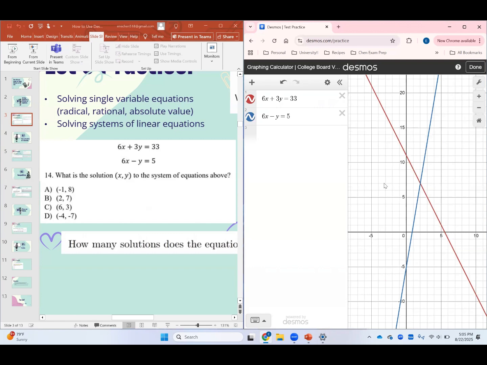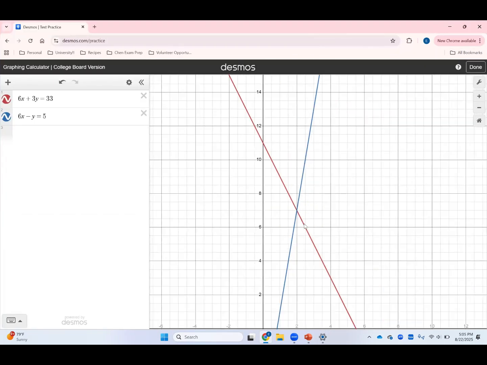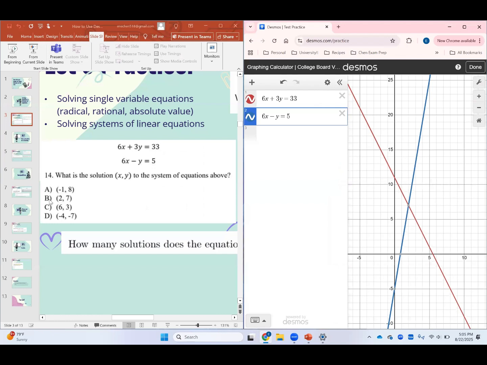Now, if you see here, I have 2 lines and there's an intersection right there. If I click the intersection and hover over the point, I get my xy coordinate of (2, 7). And we can see in the answers, that's answer B. So by graphing it in DESMOS like this, you can solve this question really quickly.